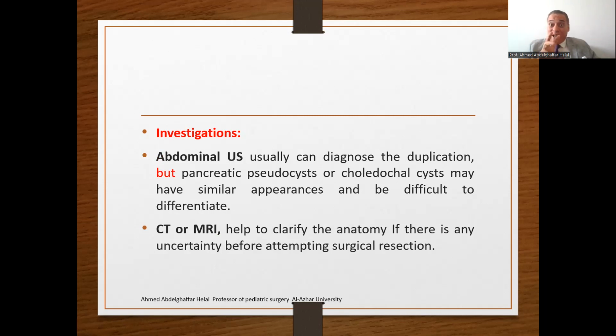So if ultrasound is not conclusive, the pediatric surgeon will need to request a CT or MRI to confirm the anatomy and the diagnosis. This is a pancreatic pseudocyst, choledochal cyst, or duplication of the stomach.